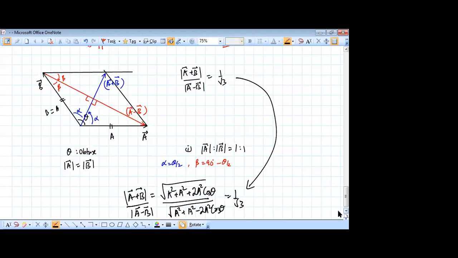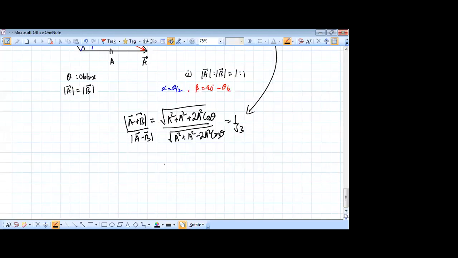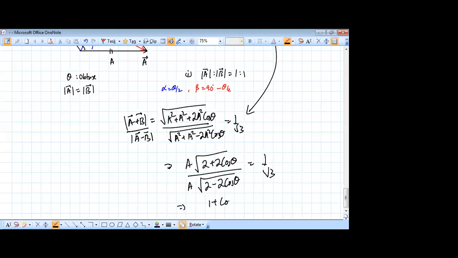This is just like that sum we had done in exercise 4 also. अब इसको solve करना है. So A into square root of 2 plus 2 cos theta upon A into square root of 2 minus 2 cos theta is 1 by root 3. So square both the sides and you will get 1 plus cos theta upon 1 minus cos theta is in fact 1 by 3, or 3 plus 3 cos theta is equal to 1 minus cos theta.